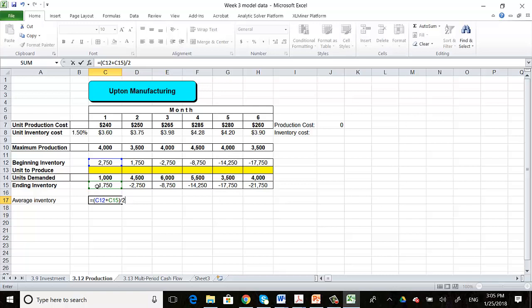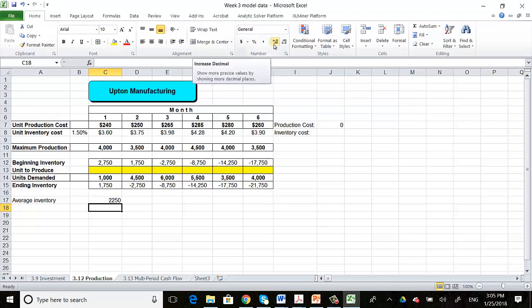Is there a way to, okay, so I have the formula, but it's 1.5 times 240, and it equals 4. I think it's probably the decimal point. Use this one, increase decimal point.